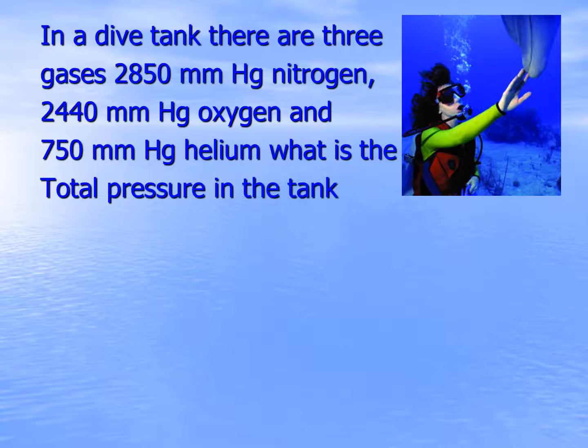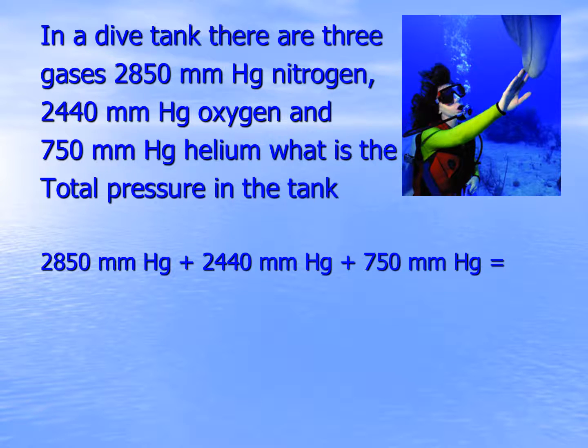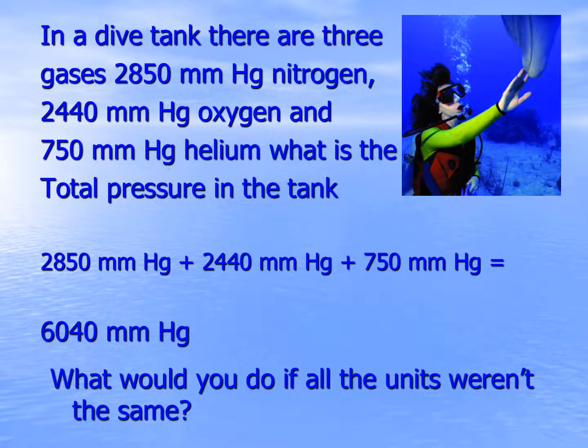And so we want to know, with those 3 gases all pushing on the sides of the tank, what is the total pressure? 2850 plus 2440 plus 750 would be 6,040 millimeters of mercury. So all you have to do is add up the numbers.